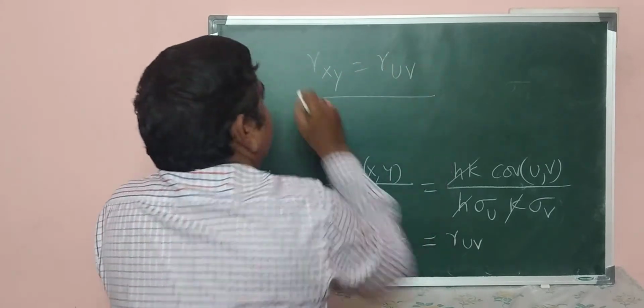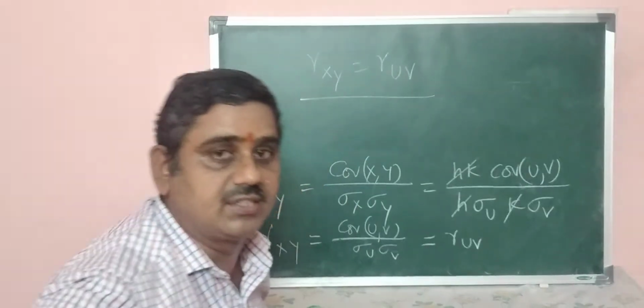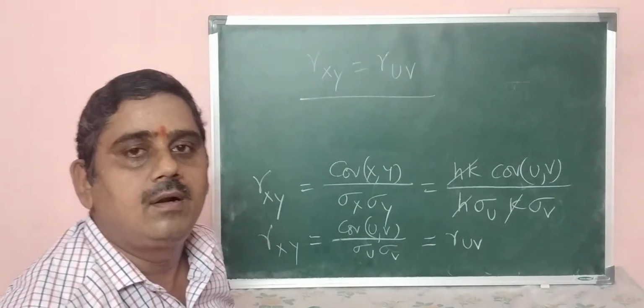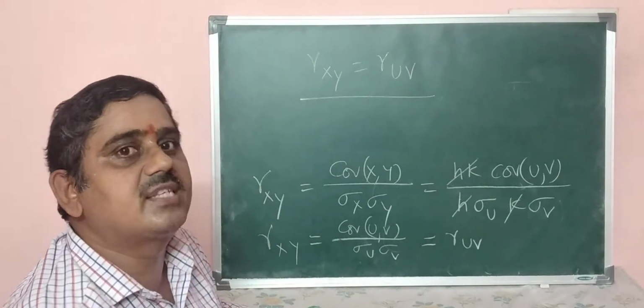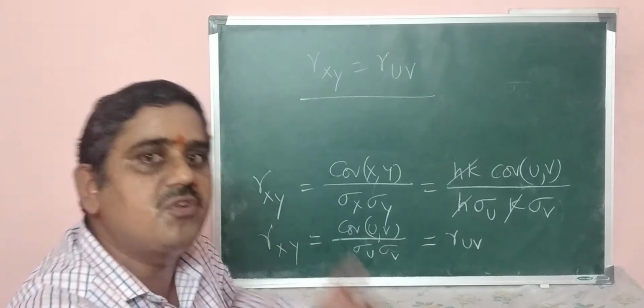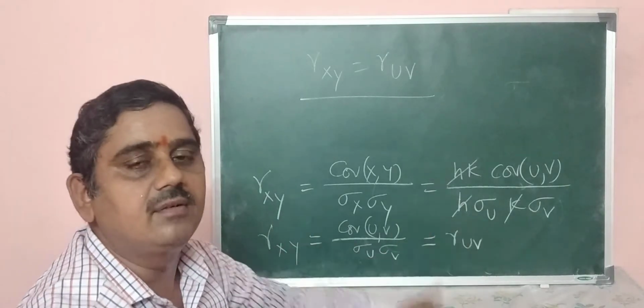What is the meaning of this? The meaning is that the correlation coefficient of x and y is the same as the correlation coefficient of u and v. That is the physical meaning.